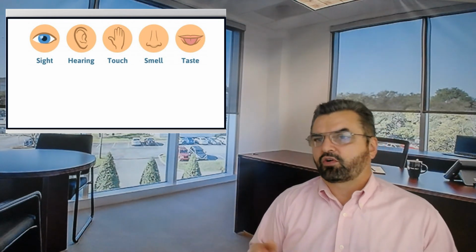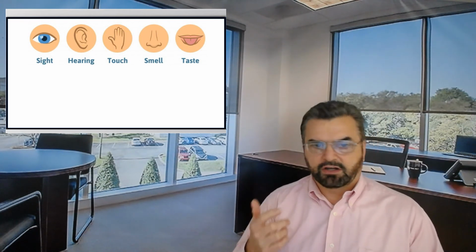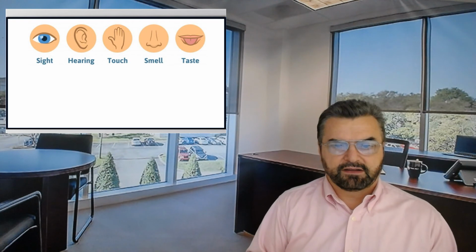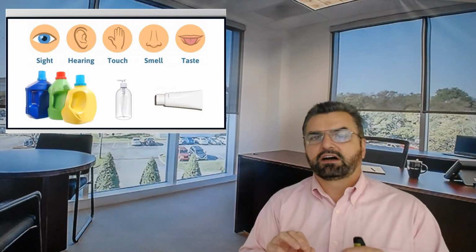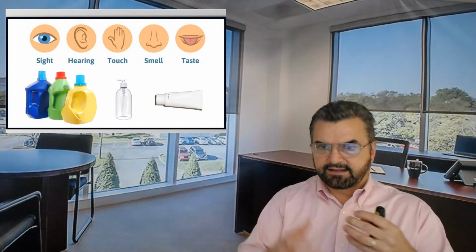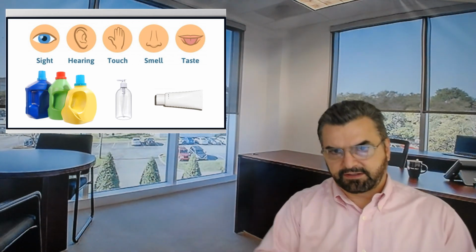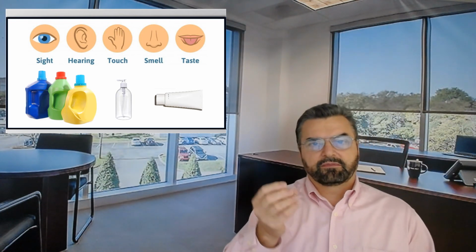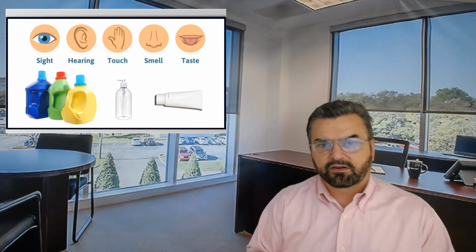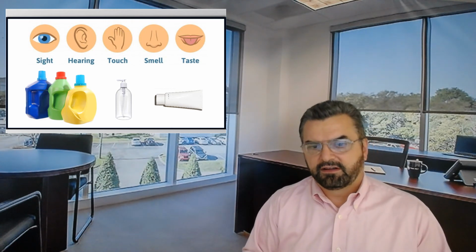If you think of some products like hair shampoo, laundry detergent, cleaning supplies, lotion, those all cover sight, touch, and smell. The sight is usually the container, the packaging. Touch is the material. Does it feel like soap, or does it feel runny like water?